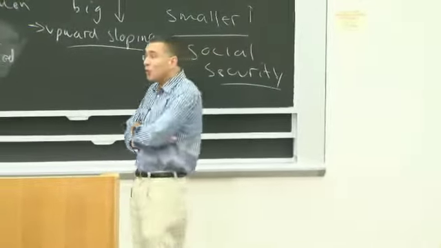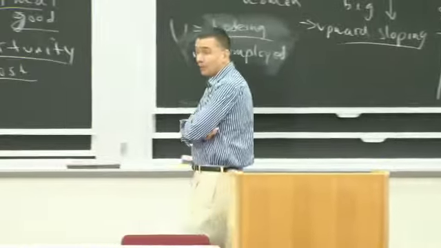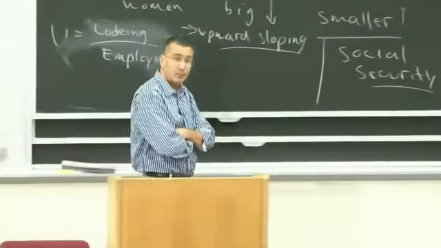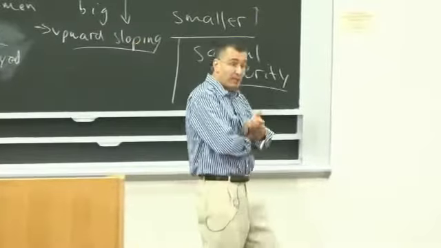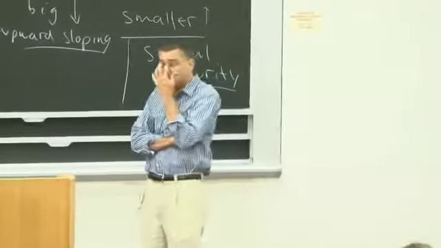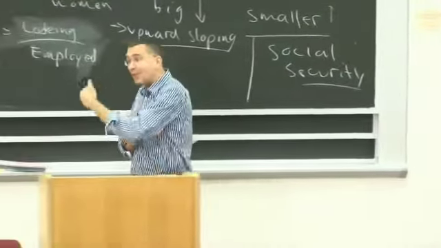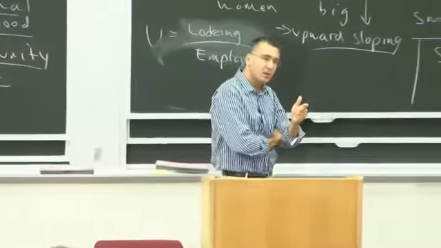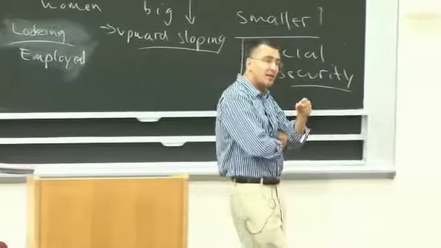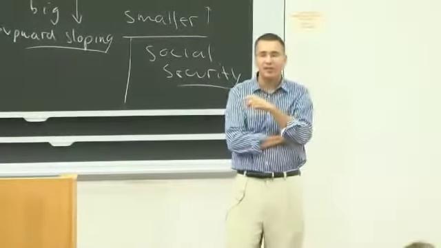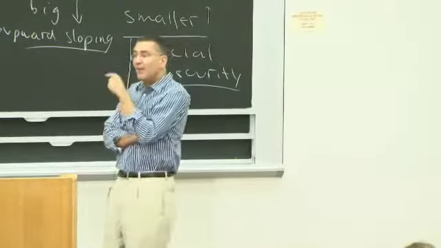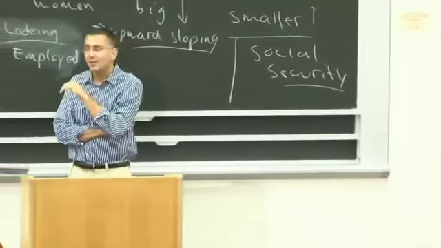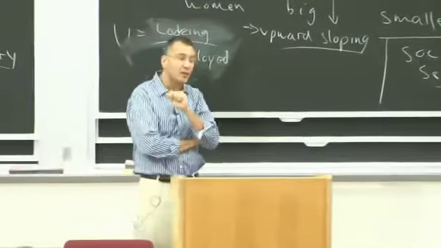In the US, the way the Social Security program works is when you hit 62, you get a choice. You can stop working and get your benefits from Social Security, and then you get them every year till you die. Or you can keep working, delay getting your benefits, but they'll increase what you get to offset the delay. So in other words, if I retire at 63 rather than 62, given I'm going to die at the same date, I'm going to get one fewer year of benefits over my life.